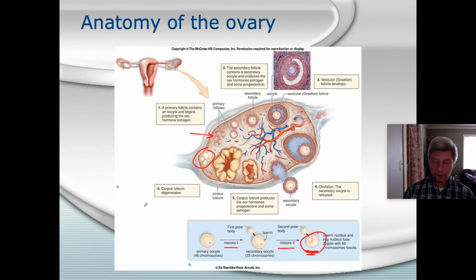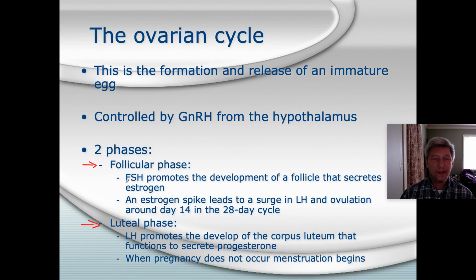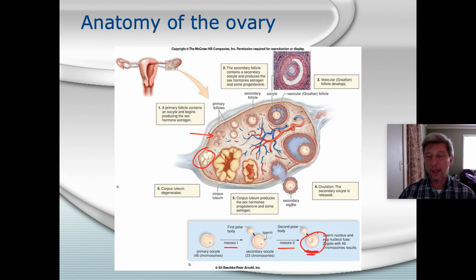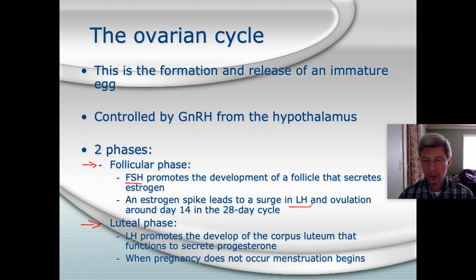So during the follicular phase, the hormone FSH, remember that one? Follicle stimulating hormone, promotes the development of the follicle, and the follicle itself secretes the hormone estrogen. Now, at about day 14 or so, a spike in the amount of estrogen leads to a surge in LH, or luteinizing hormone. Remember that one?